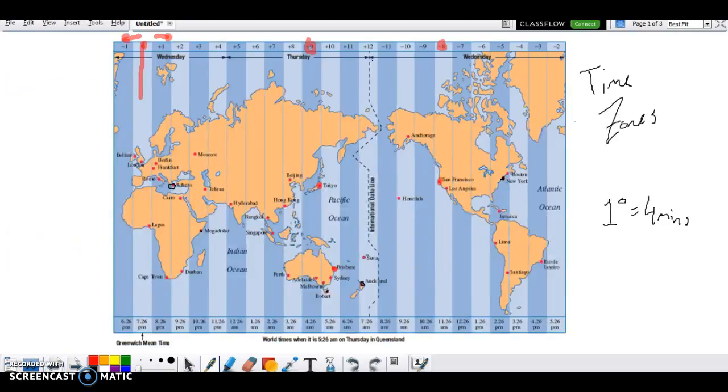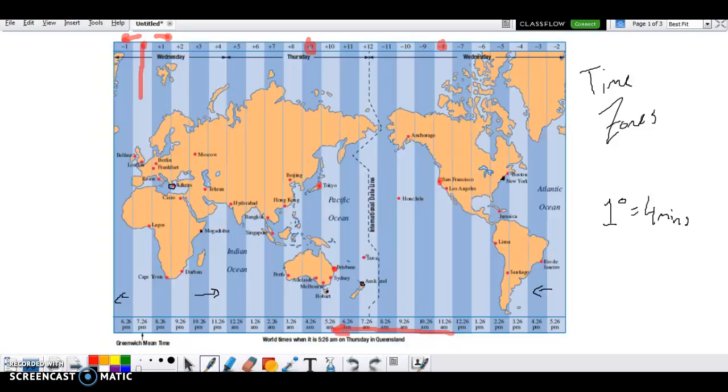Okay, you might have noticed this weird zigzaggy line. That's the international date line. Okay, so from London, everything this direction is ahead of time, and everything that direction is behind, because the sun goes this way across the earth.